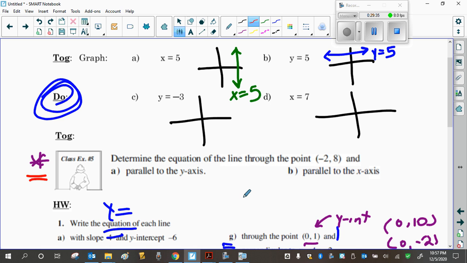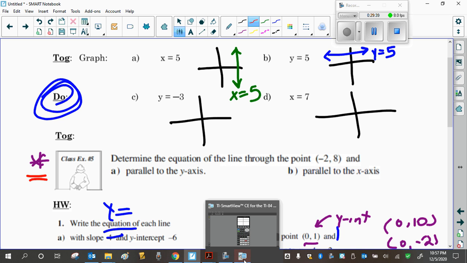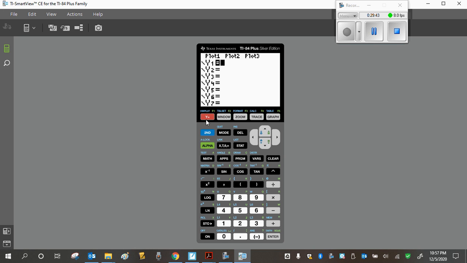Okay, y equals -3. I know whether it's horizontal or vertical, but if you don't, you can just punch it in, y equals -3, and it will graph on your graphing calculator. If you haven't named your graphing calculator, you should by now. Mine's Betsy, and Betsy tells you that it's a horizontal line at 3 down.